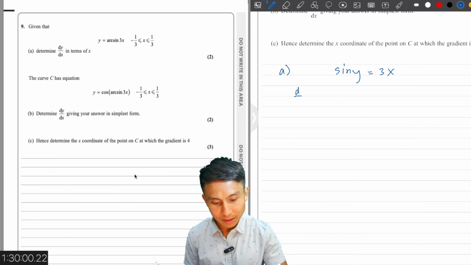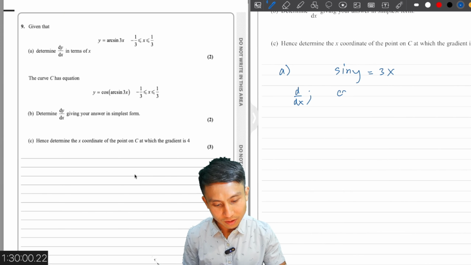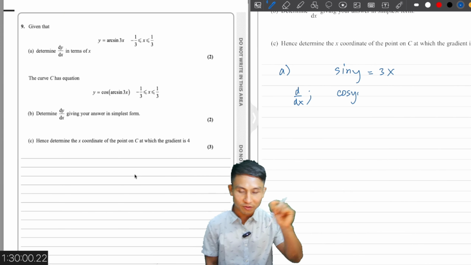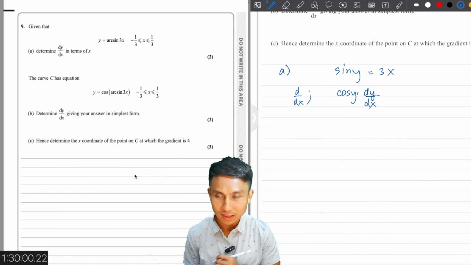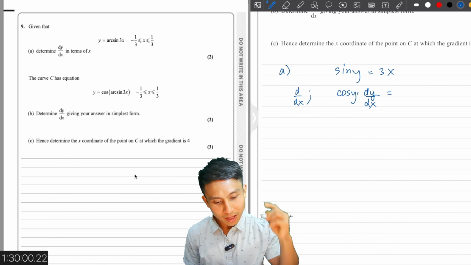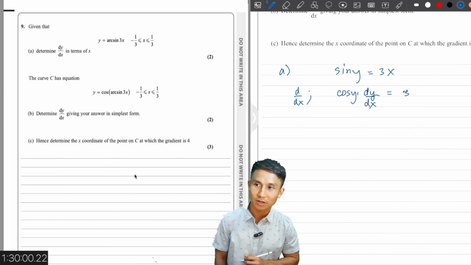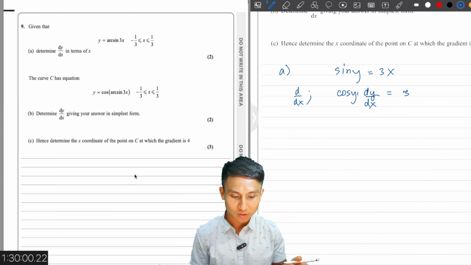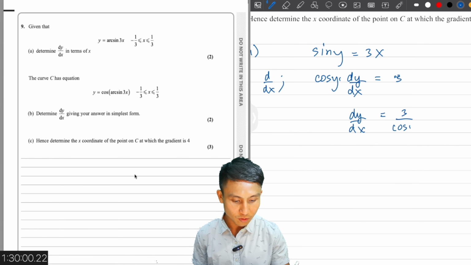If I apply the operator d by dx, differentiating sine y, I get cos y, but because we differentiate with respect to x, this must have a chain rule dy by dx tagging along. Differentiating the right side, we get just 3, because there's no chain rule there as it's already with respect to x. So dy by dx is equal to 3 over cos y.